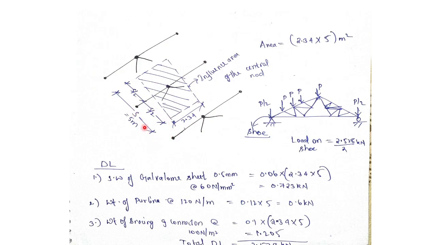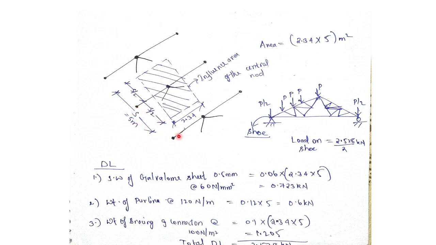So each truss is spaced at 5 meter. For this node, we take half the distance from here, half from here, and again half from here and here. This length we have calculated, this is 2.34, the rafter length by 4, and this is s by 2, this is s by 2, so the total length becomes s.